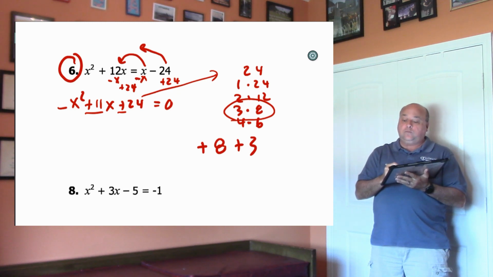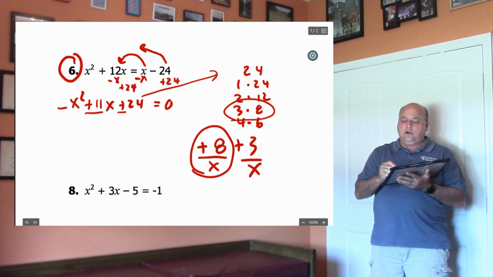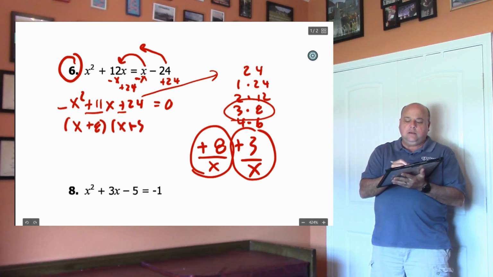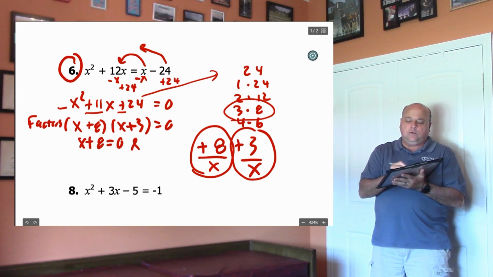The opposite, or what do you multiply to get x squared? x and x. And so these right here are my factors. So I'm going to have x plus 8 and x plus 3 equals 0. These are my factors. Now then, set each one equal to 0. So x plus 8 equals 0 and x plus 3 equals 0.